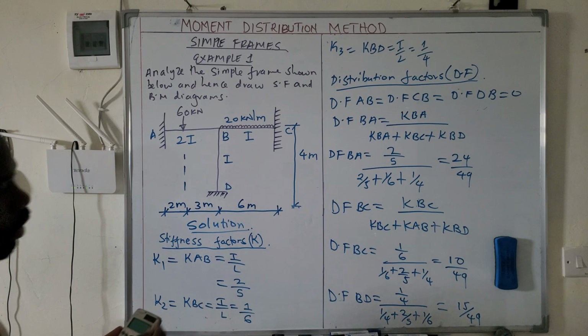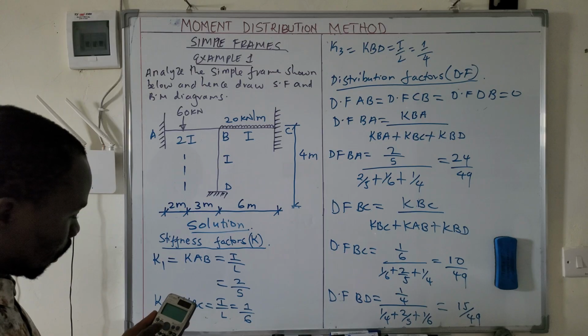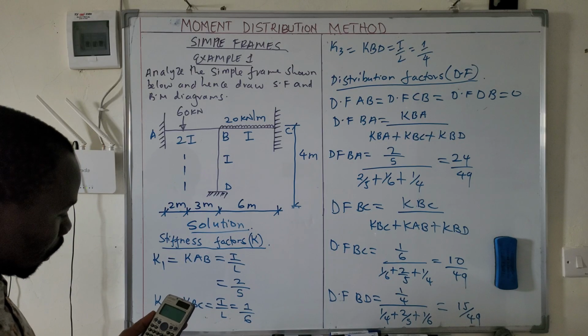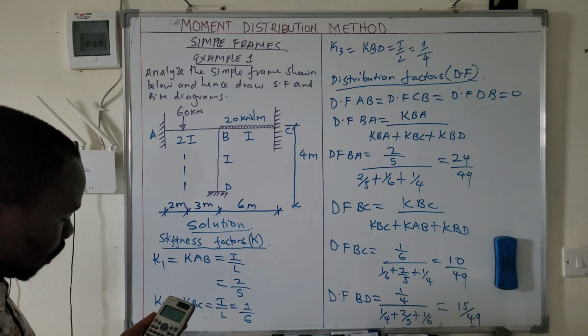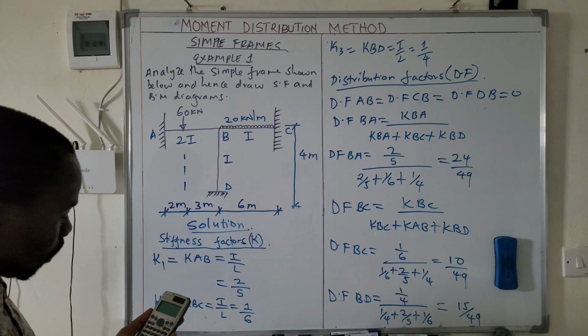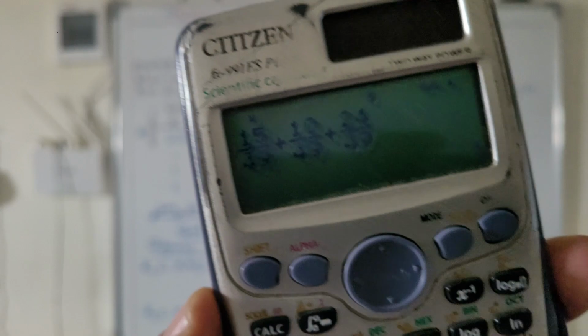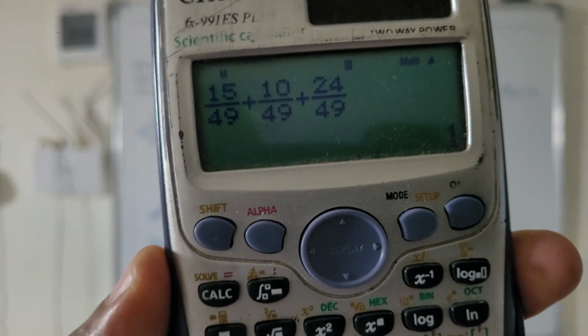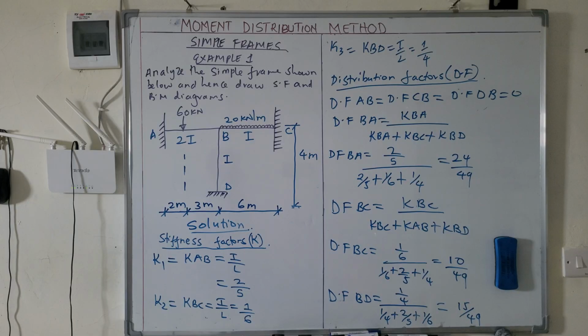So you can take 15 over 49 plus 10 over 49 plus 24 over 49. So the answer is 1. Let me show you on my calculator. So it means our distribution factors are very correct. So we proceed.